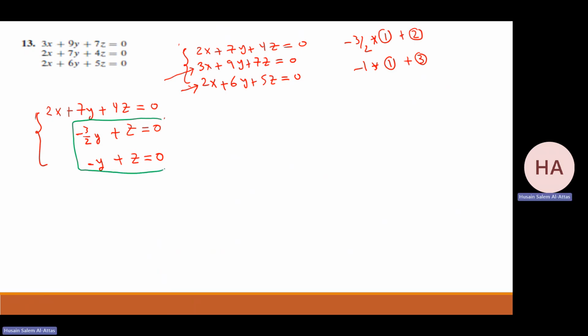So what I will have, I will have 2x plus 7y plus 4z equals 0. This one will be the same.